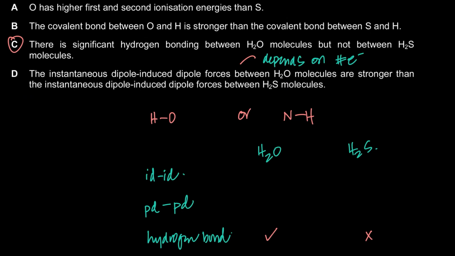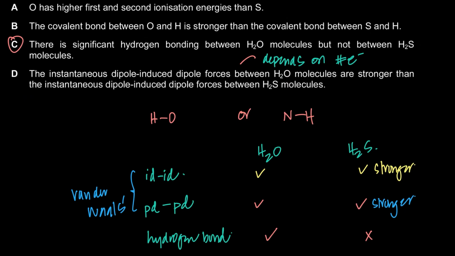But since both are polar, both have permanent dipole attraction. But whose permanent dipole attraction is greater? Again, permanent dipole and induced dipole are types of van der Waals forces, and they depend on the number of electrons. So H2S's permanent dipole is stronger. In fact, they both also have induced dipoles, but H2S's induced dipoles are also stronger, meaning both sets of molecules will have induced dipoles, but those formed between H2S molecules will be stronger.